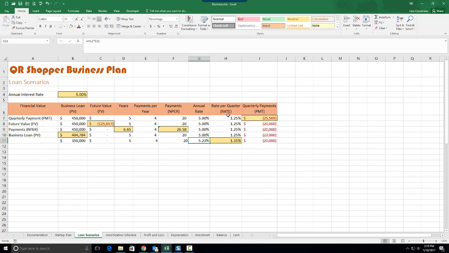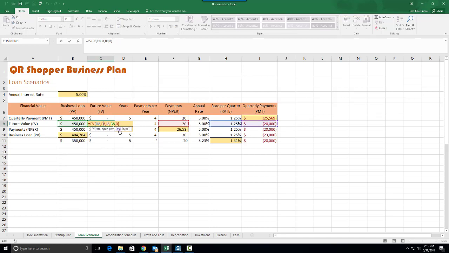But anyway, I don't think your book shows the rate function, but that's how it's used. It's to help me calculate an interest rate that will help me achieve my objectives, a certain payment and a certain loan for a certain period of time. So these functions all use the same parameters. It's rate, the number of periods, the payment, present value or future value, and then the type. For loans, we're always doing 0.